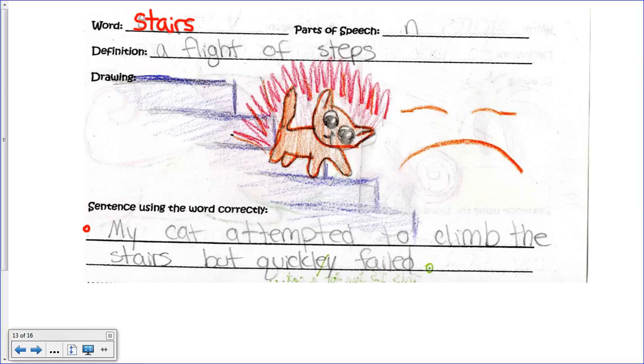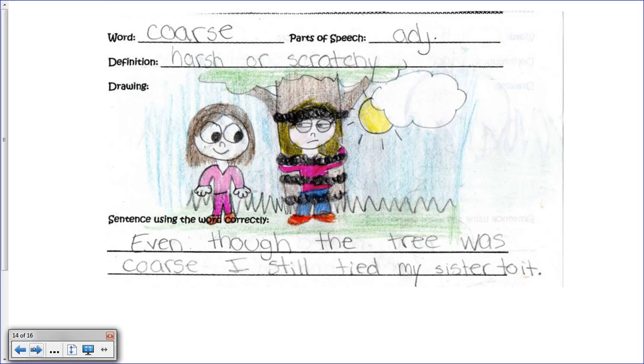So it sounds like the cat fell down the stairs maybe. And what's interesting is this person also drew kind of a sad face over here. Maybe that the cat had a hard time there with going down the stairs or going up the stairs.